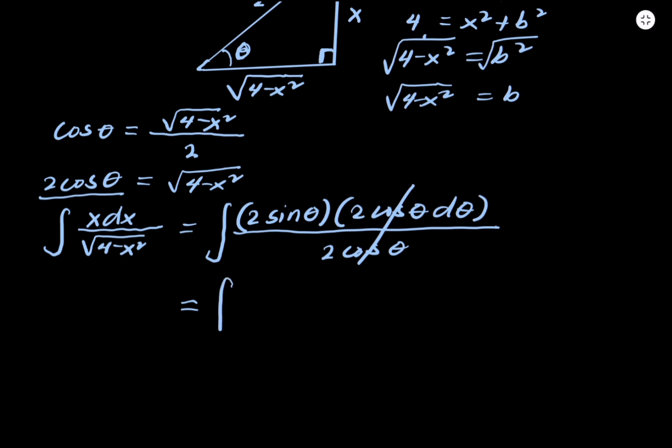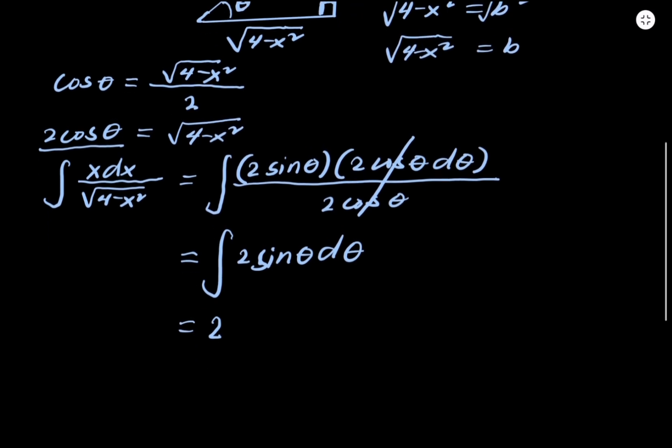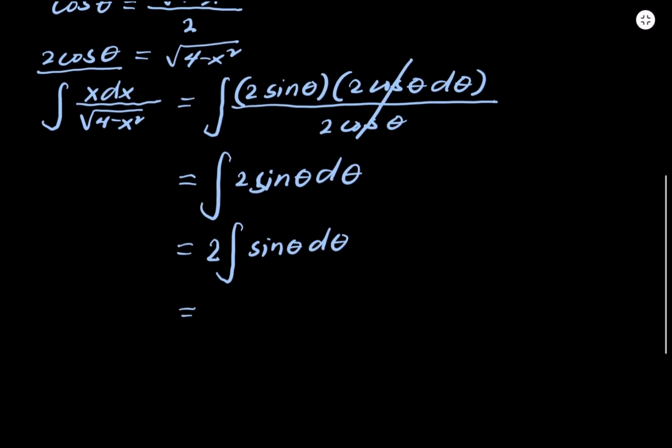So what remains is the integral of 2 sine theta d theta. And we can bring 2 to the left of the integral symbol because that is a constant. So 2 times the integral of sine theta d theta. Now, we know that the integral of sine theta is negative cosine theta. So we have negative 2 cosine theta. Of course, don't forget to add c.